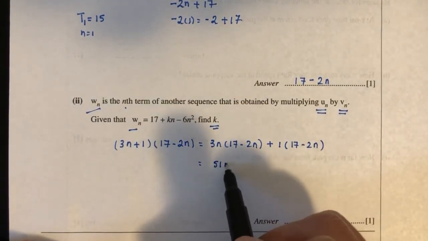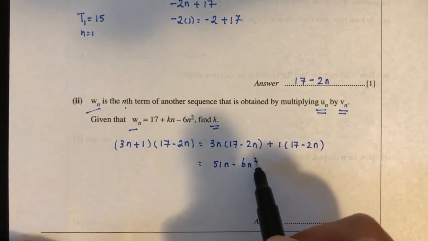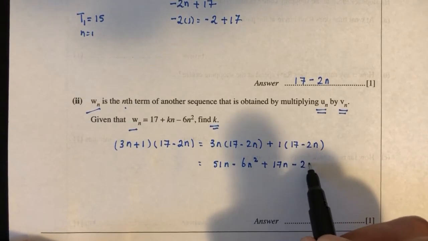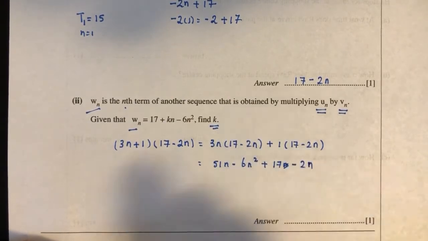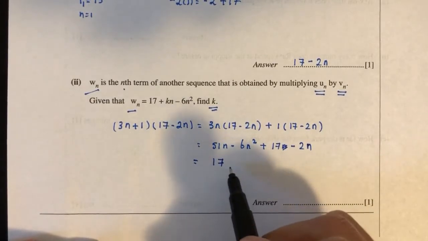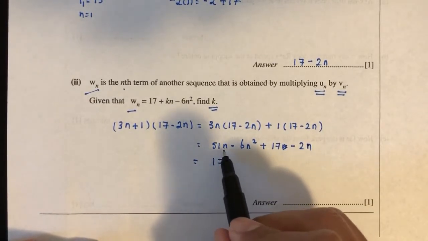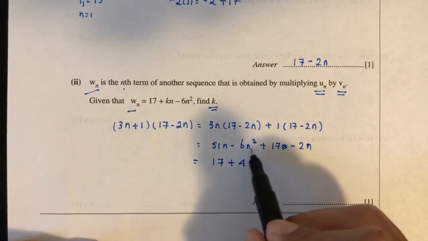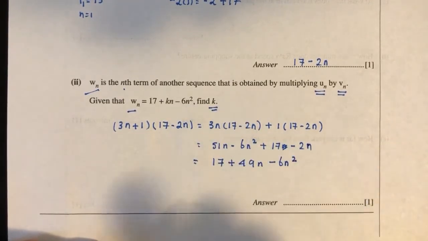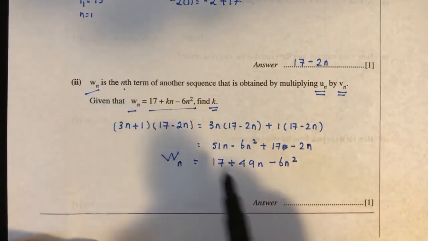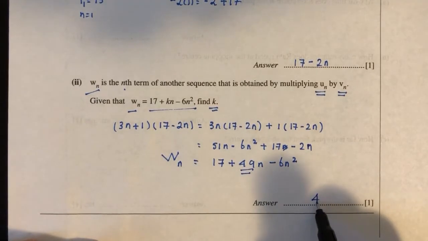So that will be 51n minus 6n squared plus 17 minus 2n. So simplify, we have 17 and 51n minus 2n will be plus 49n and then minus 6n squared. So when you compare this to this, we see that this is wn. We see the value of k will be 49.